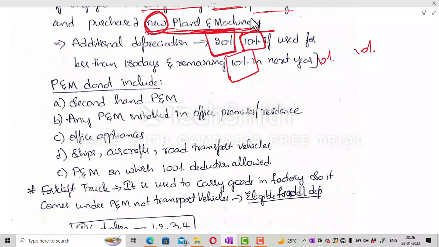Office appliances, ships, aircraft, road transportation vehicles, all this equipment we also cannot take. And plant and machinery on which 100% deduction is already available, like under 35AD for specific businesses, we cannot take the depreciation or additional depreciation.